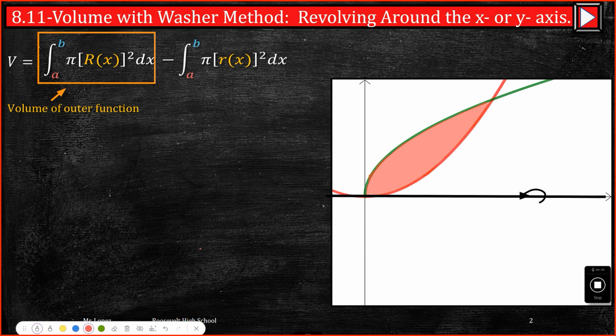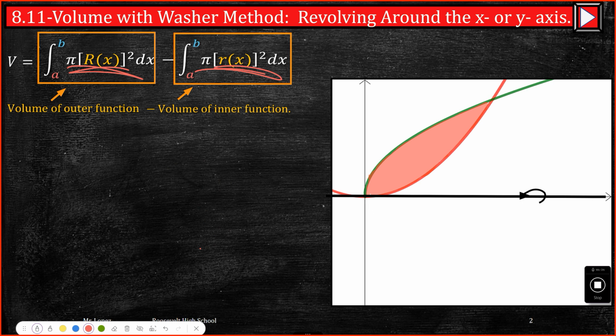Is it necessarily that you have to separate them? Well, not necessarily. Why? Because we could connect it together. This is the same as this, so we could do it like this also. Look, A to B, and pi, and then R of x squared, the whole thing, and then minus.